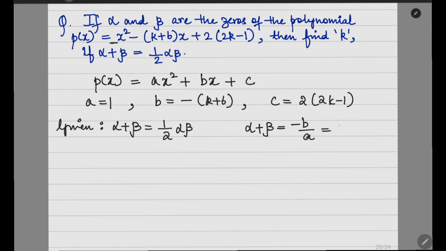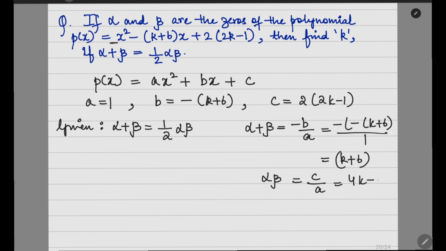So this will be minus of b, which is minus k plus 6, by a is 1. So this answer is nothing but k plus 6. What is alpha beta? c by a. You just have to see whatever c is, a is 1. So it is 4k minus 2 from this expression. Okay.